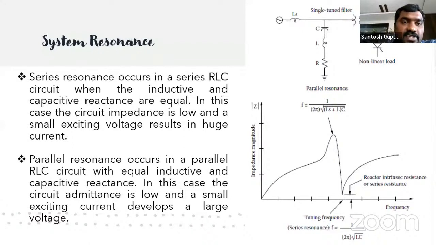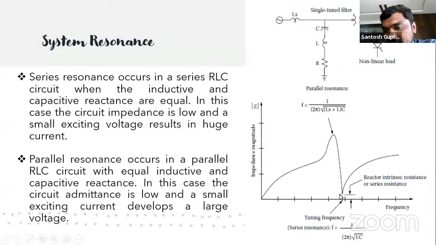Series resonance occurs in a series RLC circuit when the inductive and capacitive reactances are equal. In this case, the circuit impedance is very low. Correct, right? If L and C are equal, they cancel out, and then the impedance of the system will be very low.